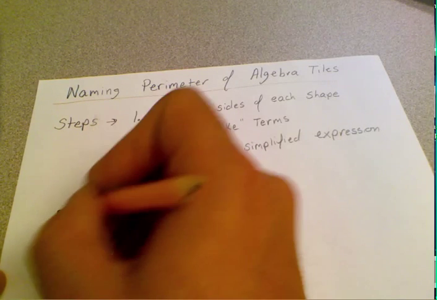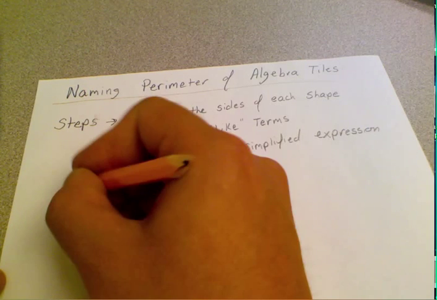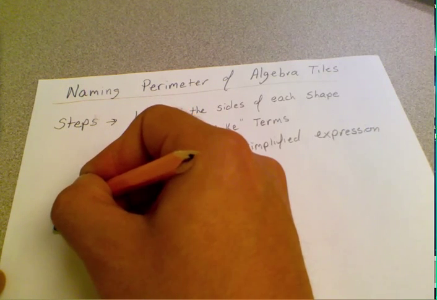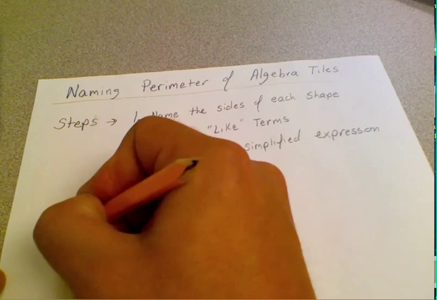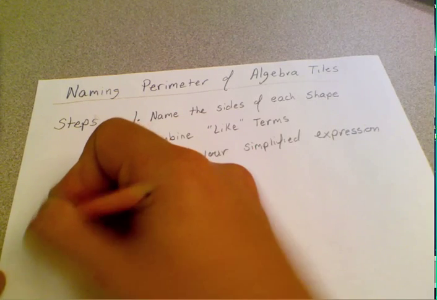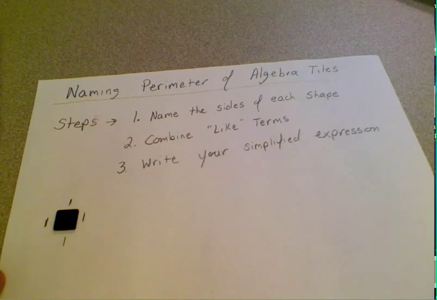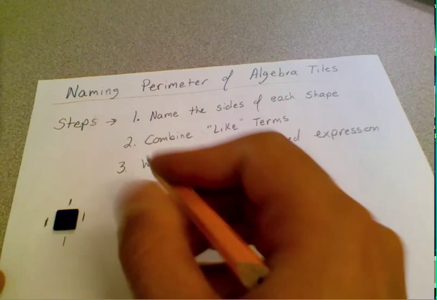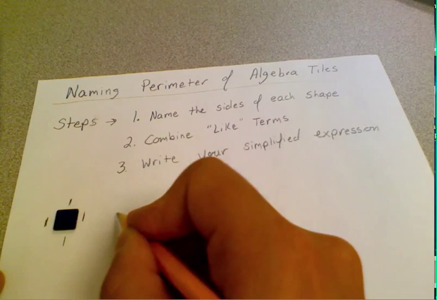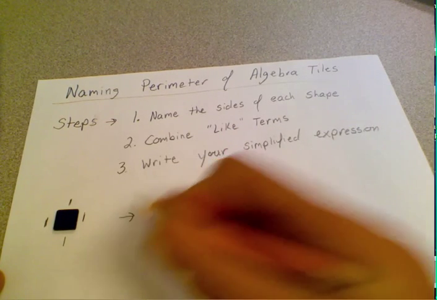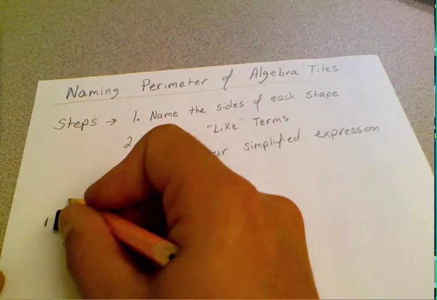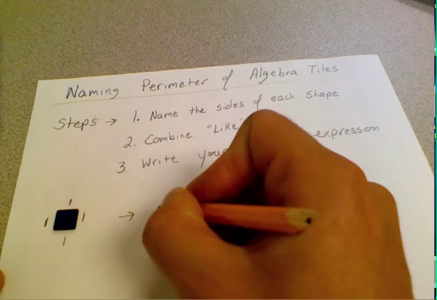So here I have my square, and I'm going to name the sides now. I know that each side is 1, so I'm just going to mark a 1 around each side. My next step is to combine like terms. In other words, I have my 1's here that I'm all going to add together.